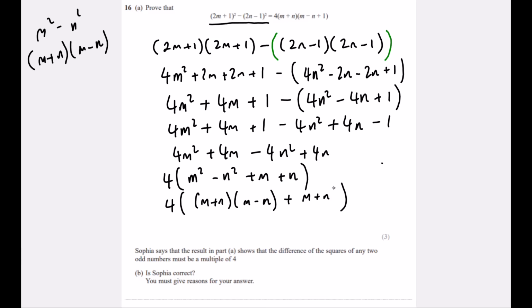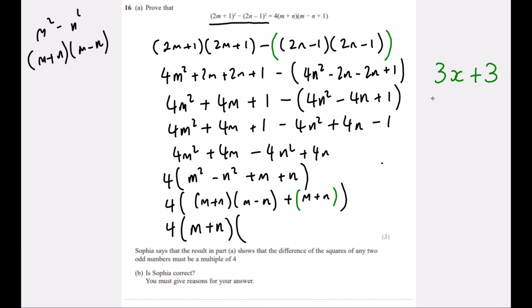And then if I put a bracket around the m plus n, we can see that m plus n can be factorized out. It can come on the outside. And that's what's happened here. So it's going to be 4 times m plus n. Then what's left inside? So the m plus n here is just the same as having 3x plus 3.